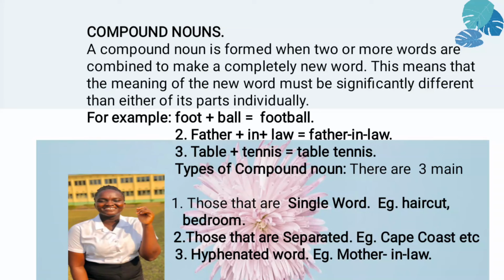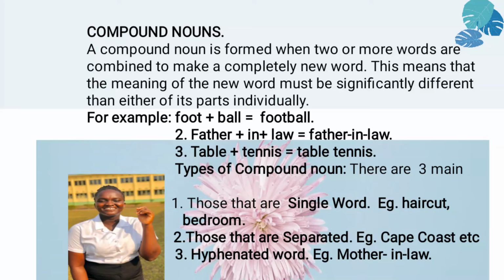For example, foot plus ball. Foot is a word on its own, and ball is a word on its own. Combining these two words, we get football, an example of a compound noun.